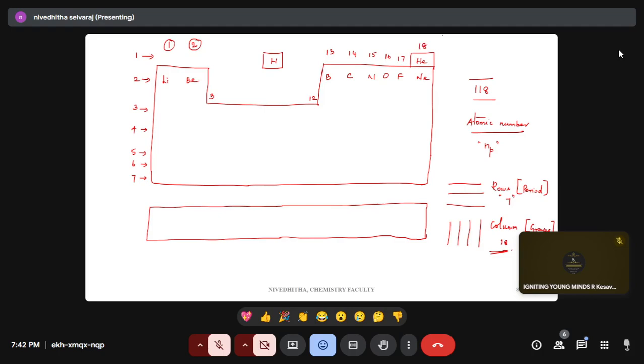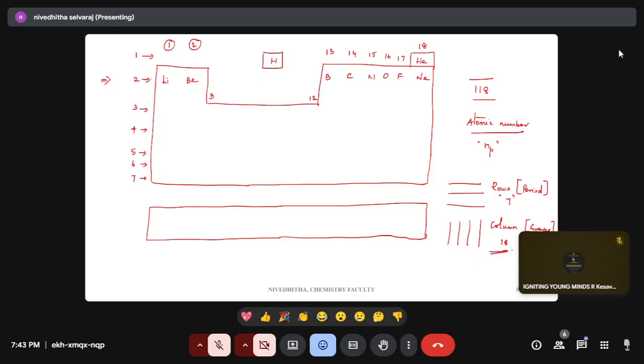Okay. What is the physical significance of this period number and group number? What are all the things we can understand from period number and group number? For example, lithium was placed in the second period, right? So from this, what we can understand is that period number always represents the valency shell of the element.